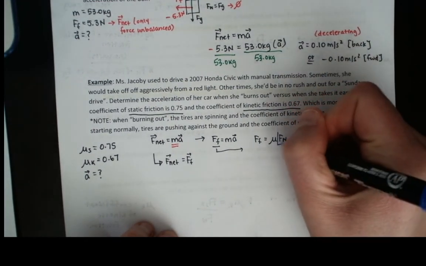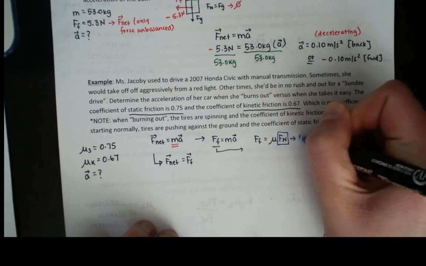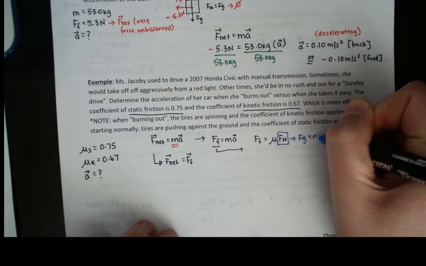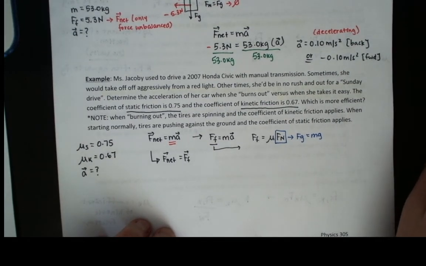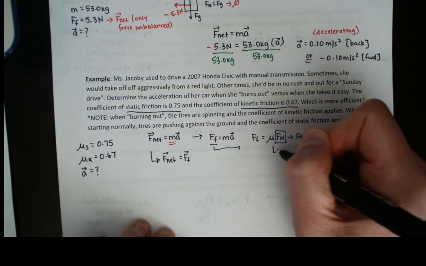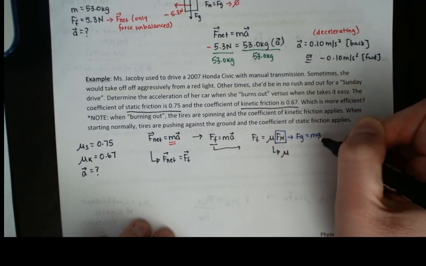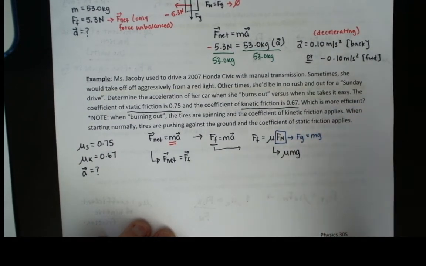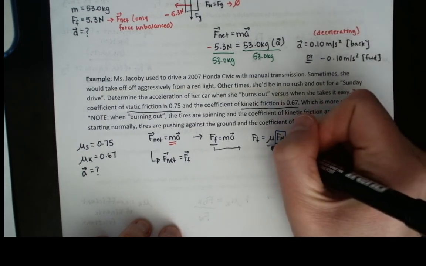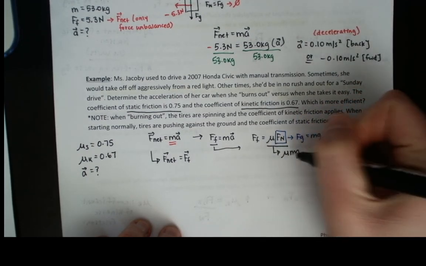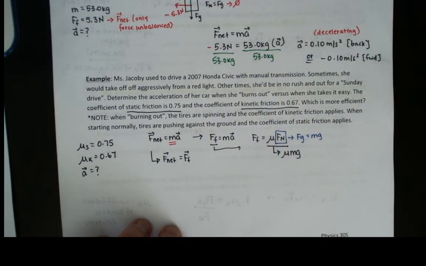Normal force is really equal to Fg, which is really equal to mg. So stick with me, we're going to rearrange this equation just a little bit. So really, friction is mu times m times g. So this whole thing here really turns into mu times m times g.